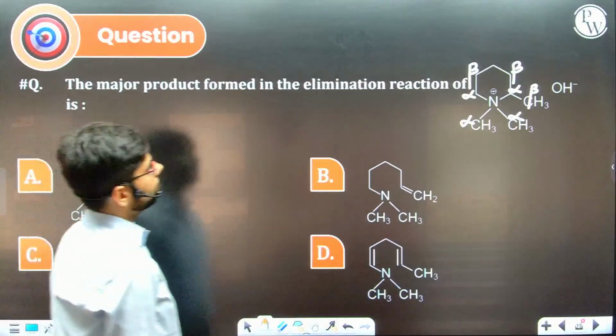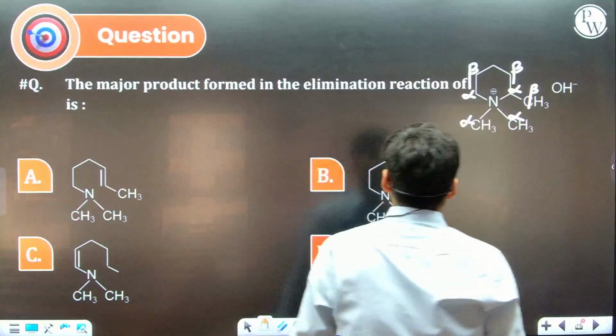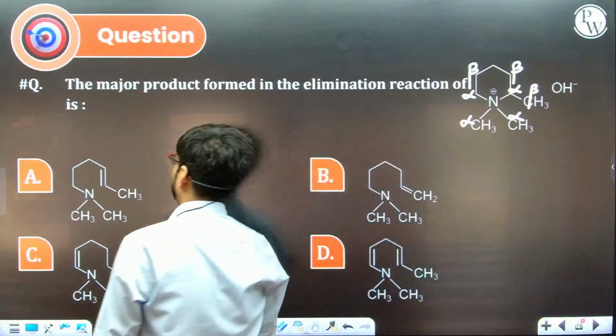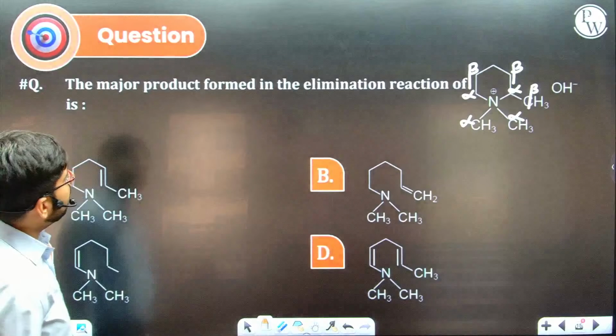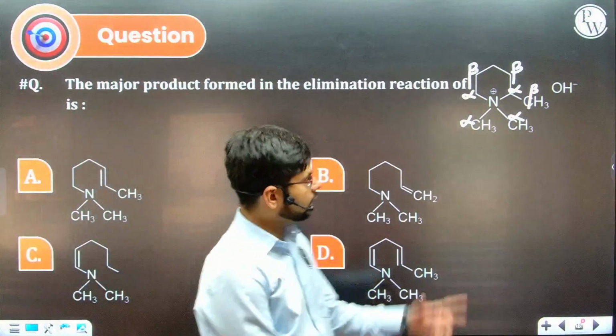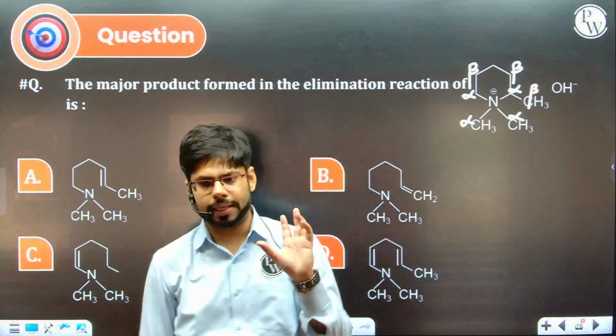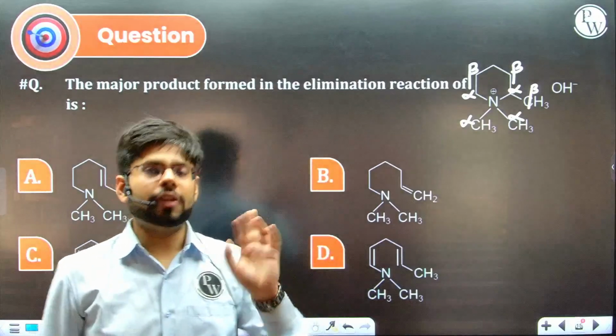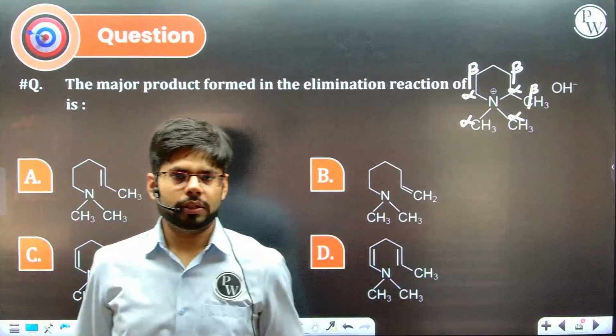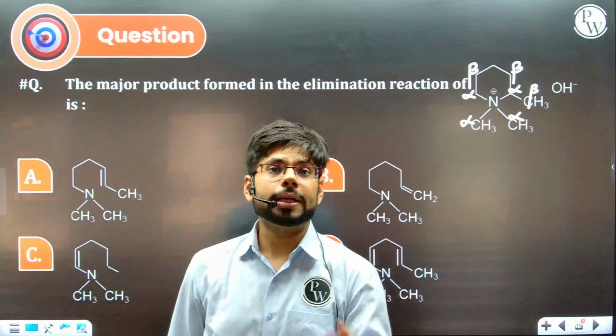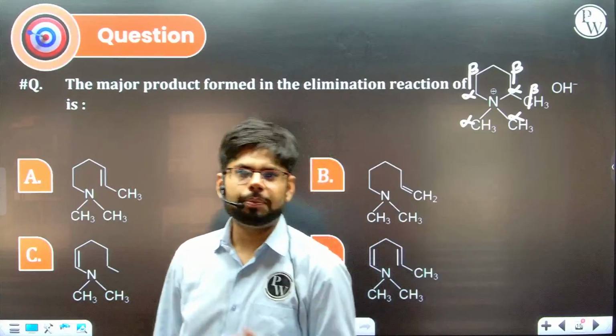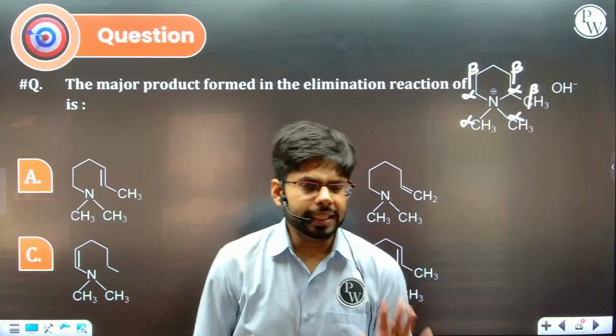Now, coming to the product. Remember one thing, if I have to perform elimination reaction of a species which has a 4-degree nitrogen atom in it, then the final answer is given by forming a double bond between alpha and beta carbon atoms. It is beta elimination.